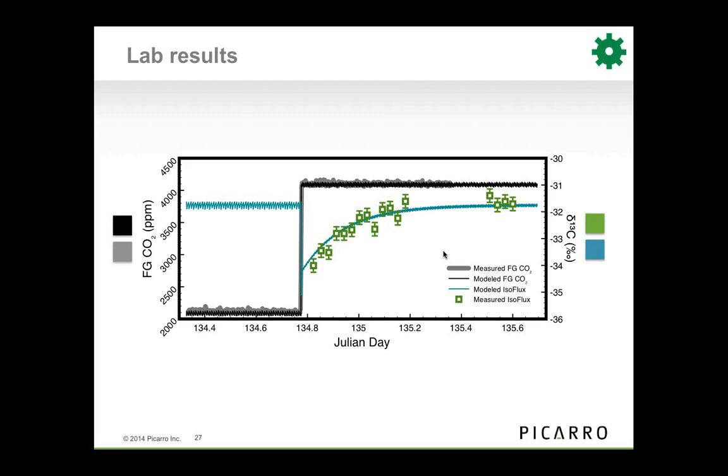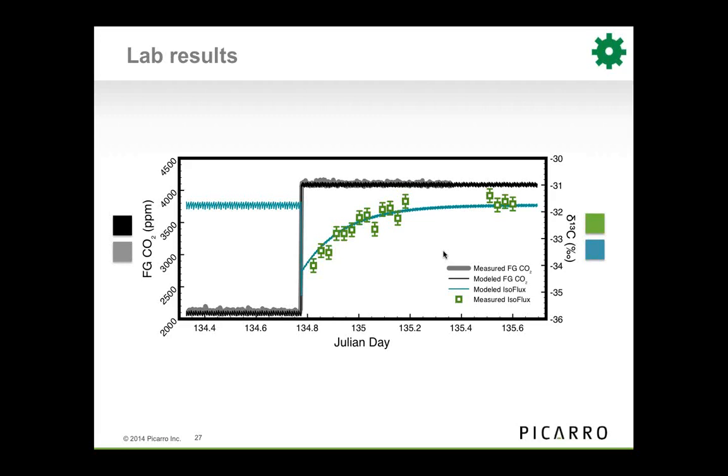We were able to create an isotopic disequilibrium of about 2 per mil, and we wanted to see if we could track that with the ISO-FD chamber, which is what you're seeing in the green squares. We were able to track that 2 per mil change very well, to within about 0.5 per mil error. So we're already doing substantially better than many of the other chamber systems out there.